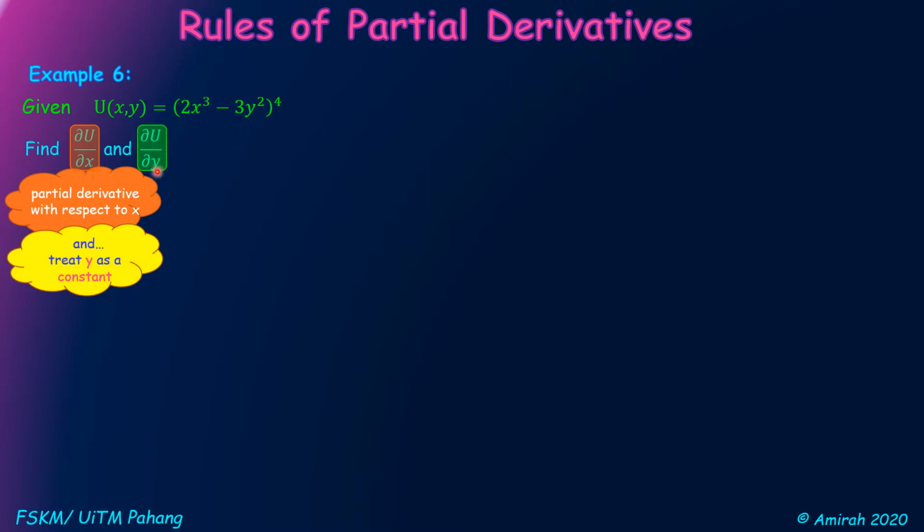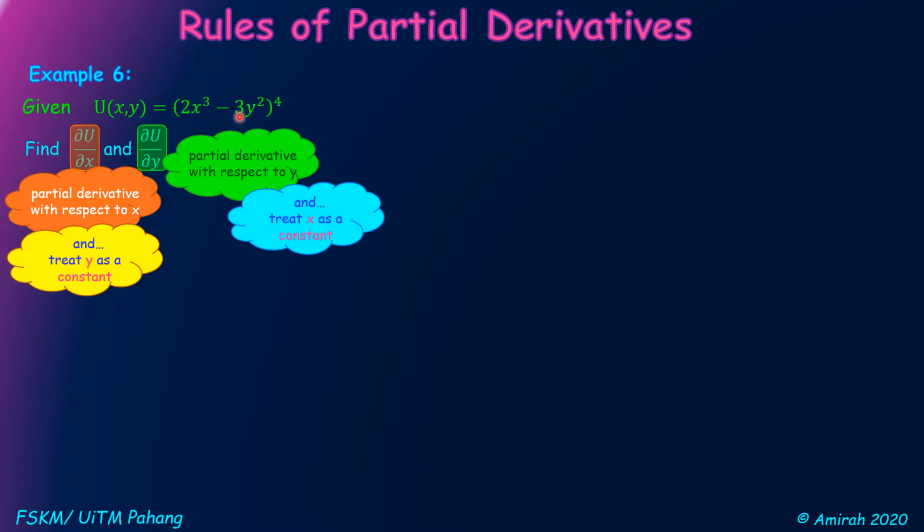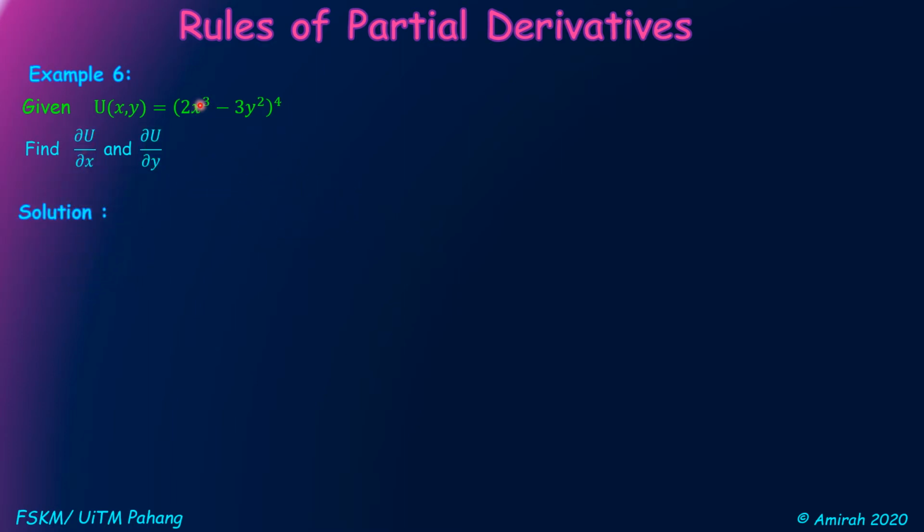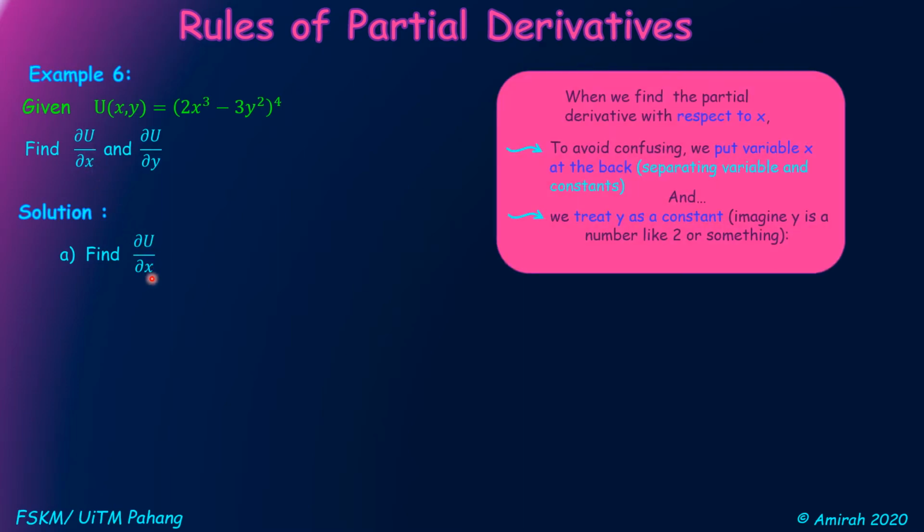And del u over del y is a partial derivative with respect to y, and we treat x as a constant. Right, first, we look at how to find del u over del x.